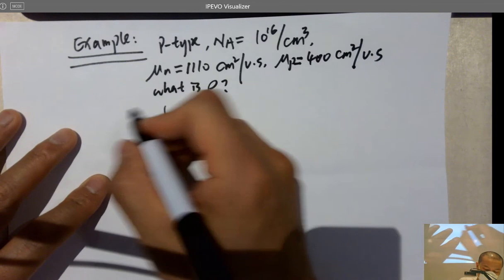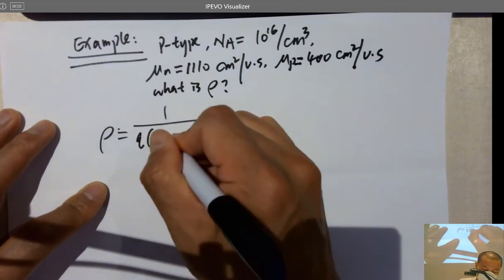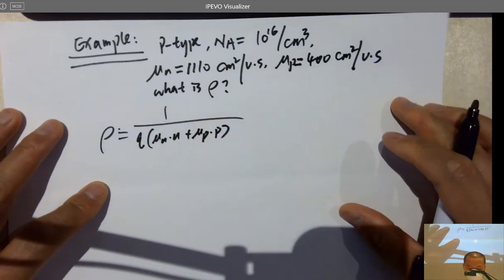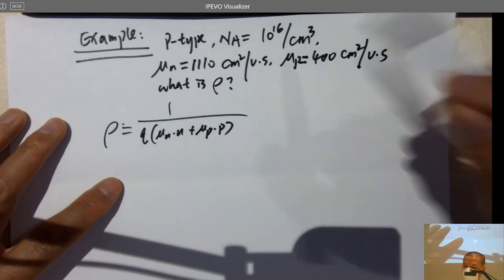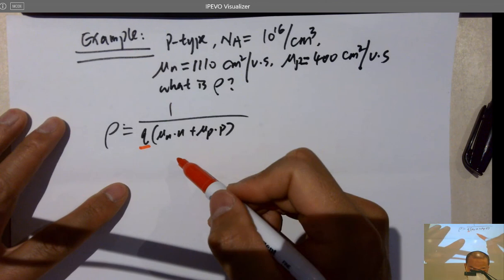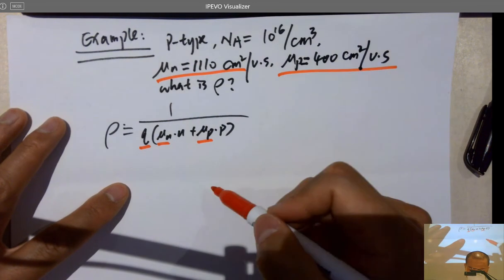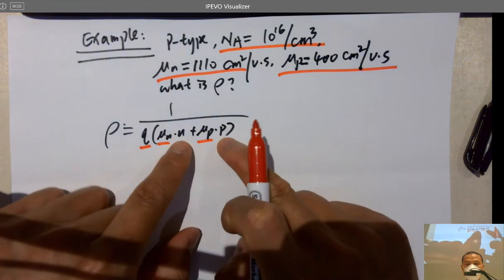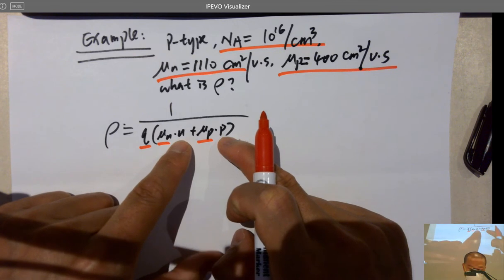So just to write down the equation first. Now let's check what we have and what we don't have. Given, Na is what? Na is p.